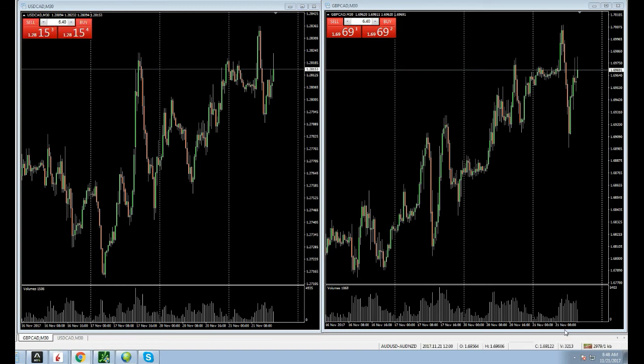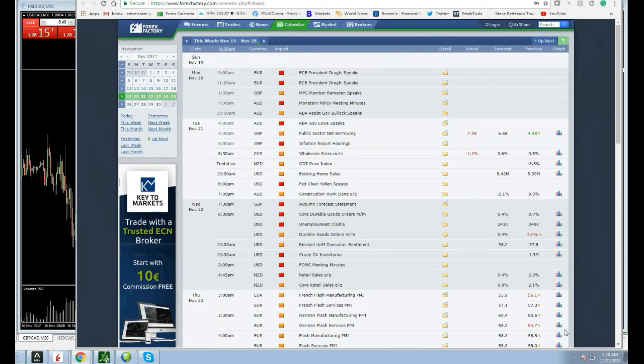Now, I want to show you guys something else. In my younger days, since I have nothing else really going on right now, and it's Thanksgiving week in the United States, which is going to basically affect the US dollar, but it could affect other pairs to a lesser degree.